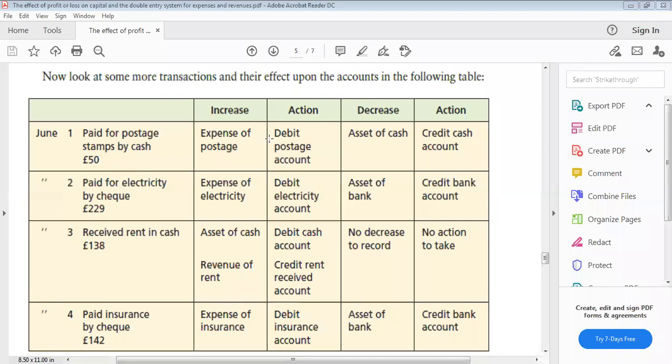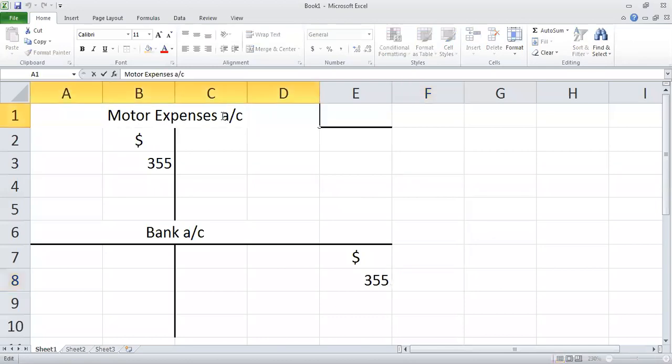All right, then, folks. As I was saying a while ago, I'm going to stop sharing this one, and we're going to look at the main one. June 1, paid for postage stamps by what? Cash, $50. Good. Watch this now. The accounts are for postage stamps, so look at the postage stamps account now.